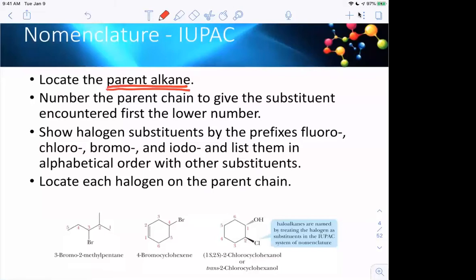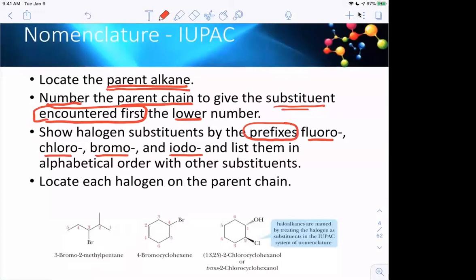Remember, I'm going to number the parent chain to give the substituent that is encountered first the lower number. I'm going to show halogen substituents by prefixes. It's going to be fluoro, chloro, bromo, and iodo. And they're just another substituent.